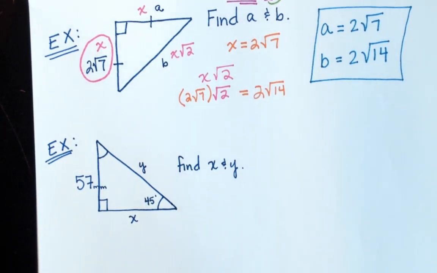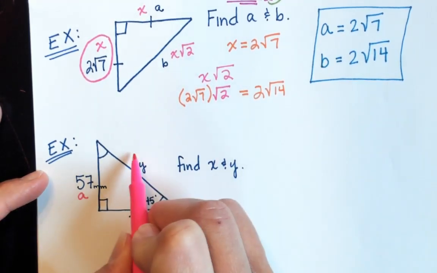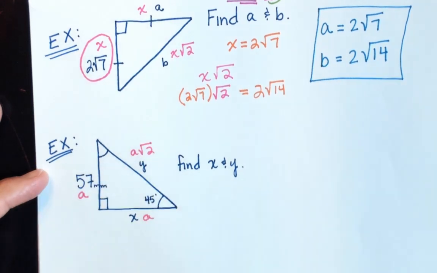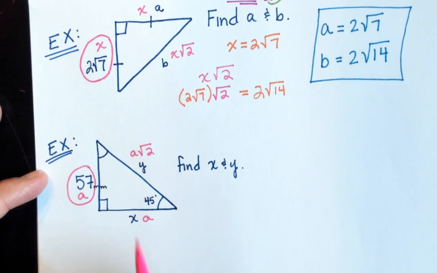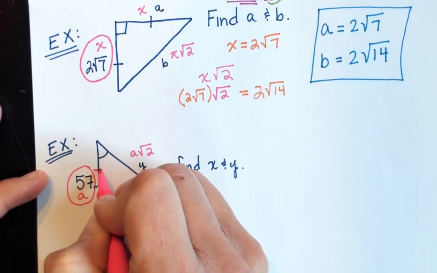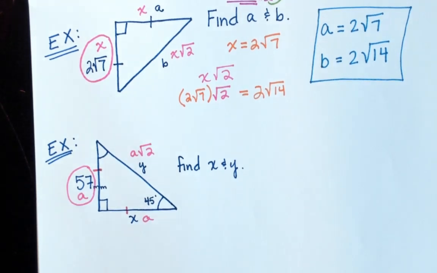So knowing that these formulas, these special rights are supposed to make things easier on us, A radical 2. I already see that this guy is 57. I know for a fact that because of the sides, this is isosceles, right away I know this guy's going to have to be 57.